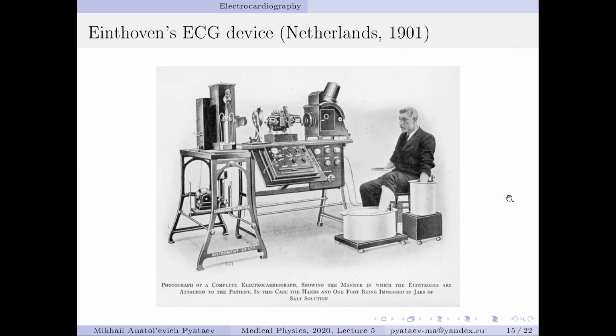So it was invented by Einthoven in the beginning of the 20th century. Here he used 3 buses with sodium chloride solutions as electrodes, because our skin is not a good conductor.